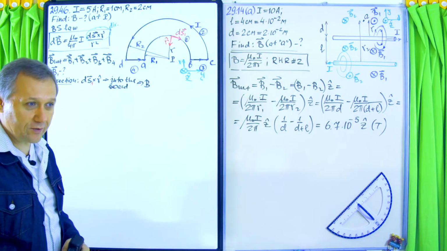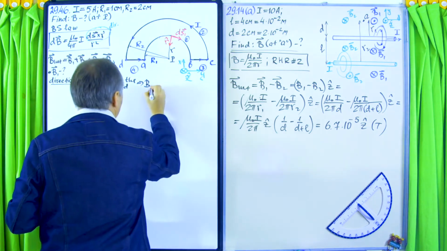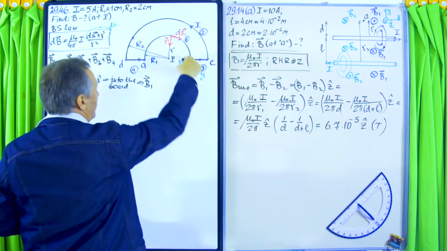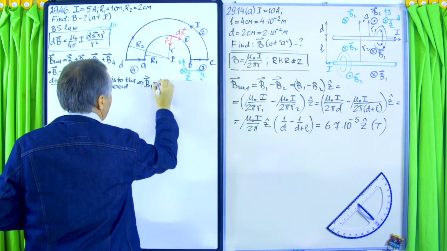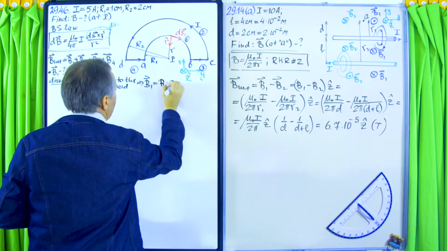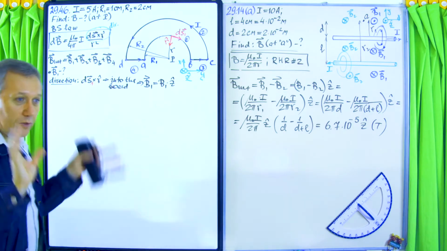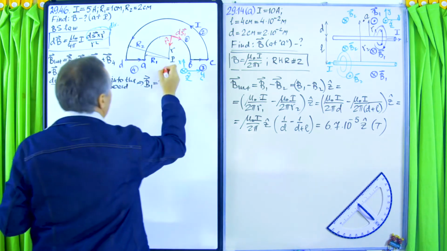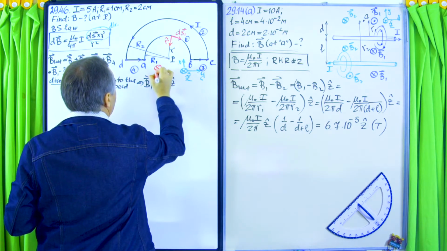So during the integration, the directions are the same, which means that this B1, the total contribution from this semicircle, will be in the positive z direction. Okay, so now we know the direction. And I can actually draw it here. B1 will be into the board.